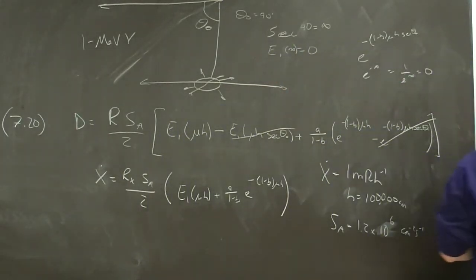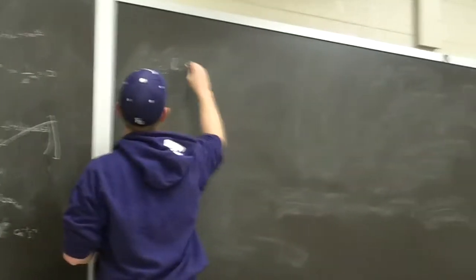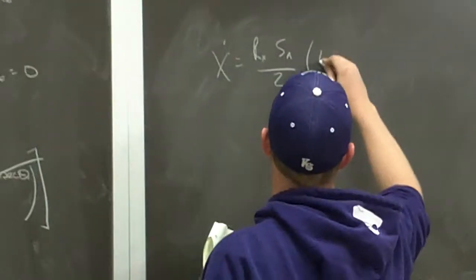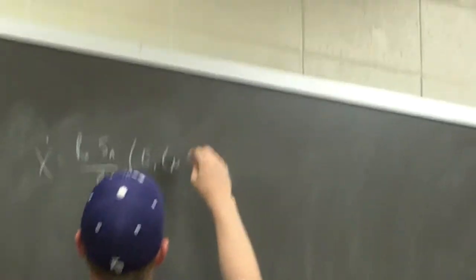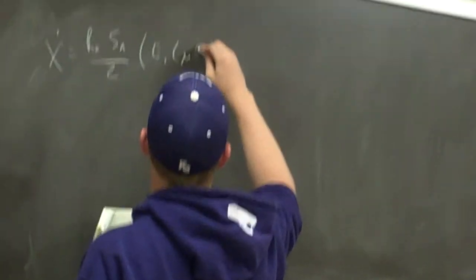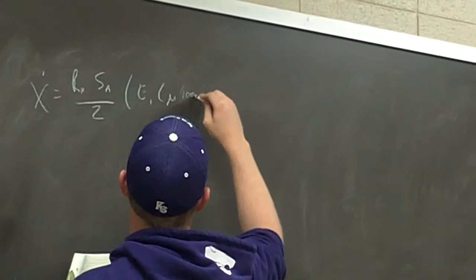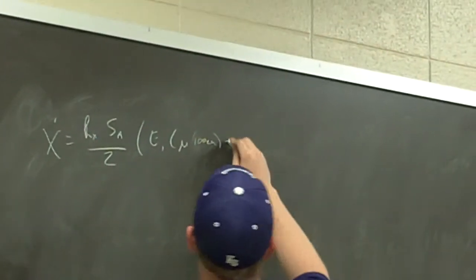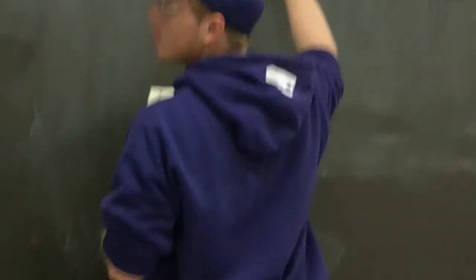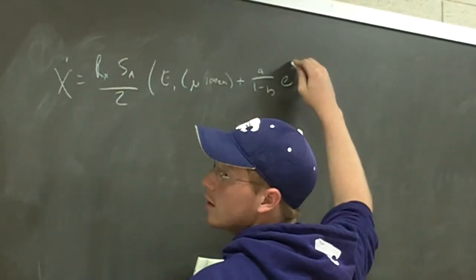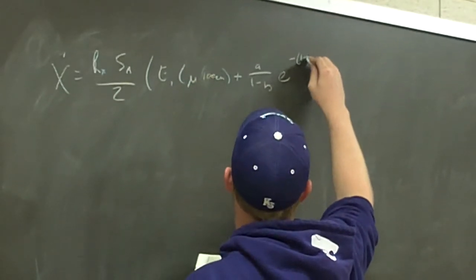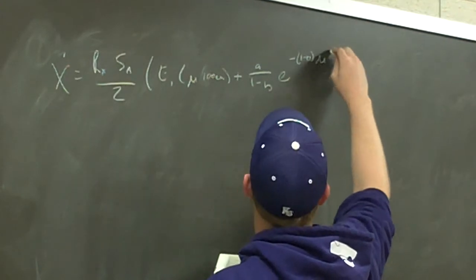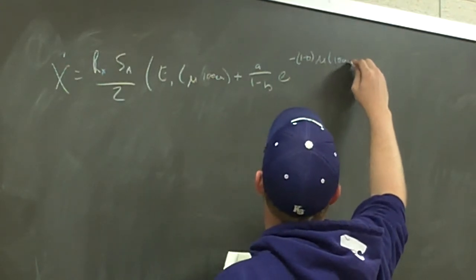So now x is equal to response times SA over 2, times E1 of mu at 100 centimeters plus A times (1 minus B) times e to the negative (1 minus B) mu at 100 centimeters.